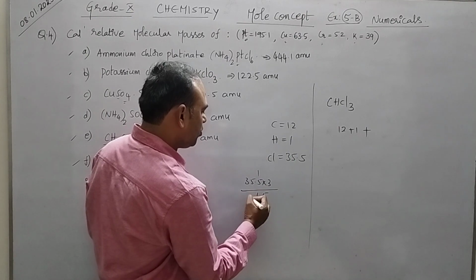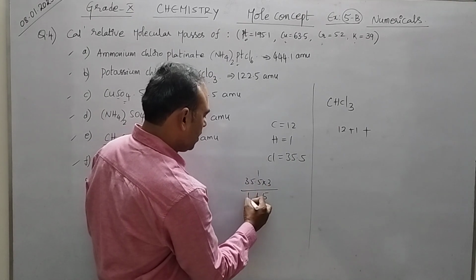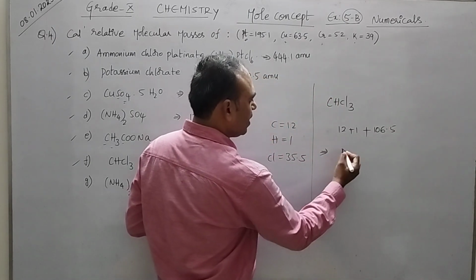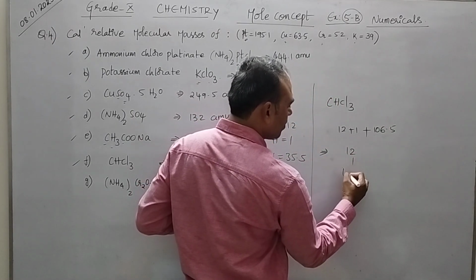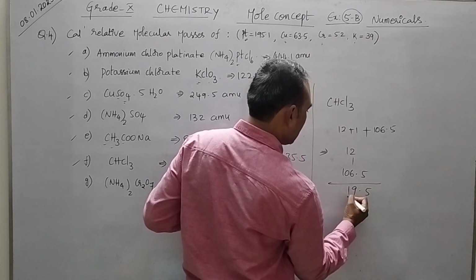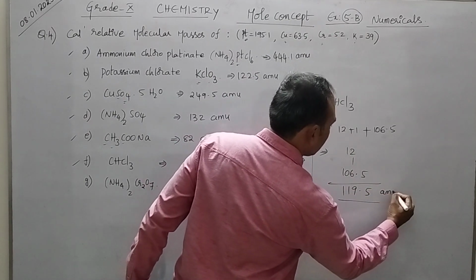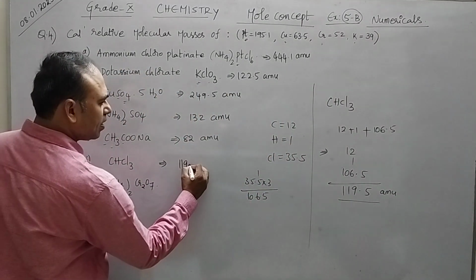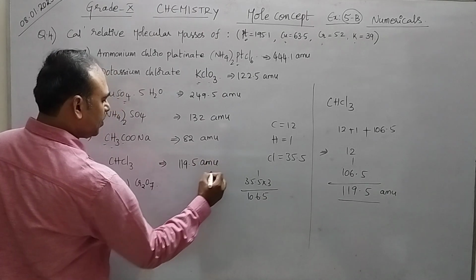So 12 plus 1 is 13, and 35.5 into 3 we get 106.5. Taking it one below the other, we get 119.5 atomic mass unit. So for chloroform, the molecular mass is 119.5 atomic mass unit.